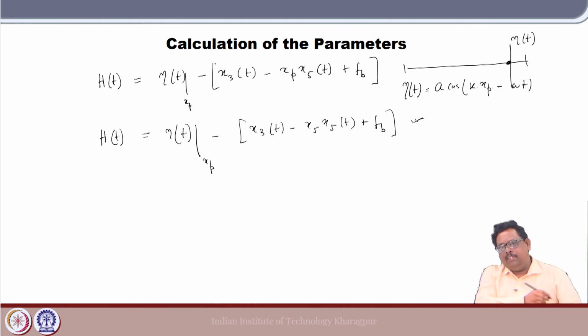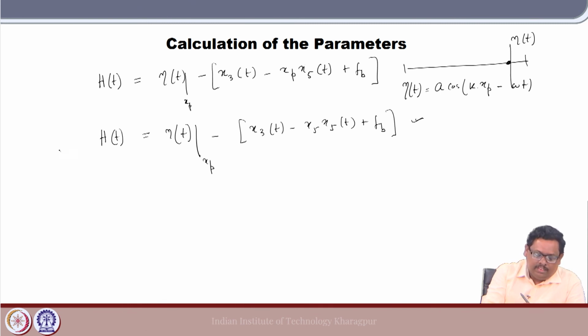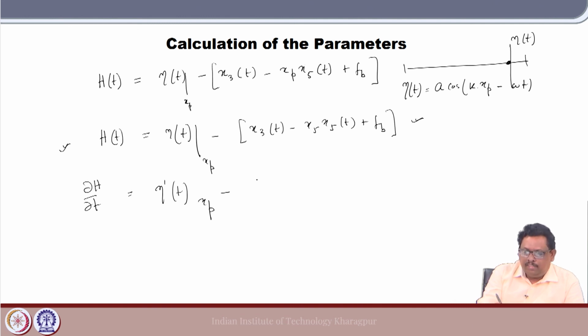Now, if you remember the dam break model formulation, I know what my h t is. I also need to know dH by d delta, which is nothing but my eta dash t at x p minus x 3 dot t minus x p into x 5 dot t.